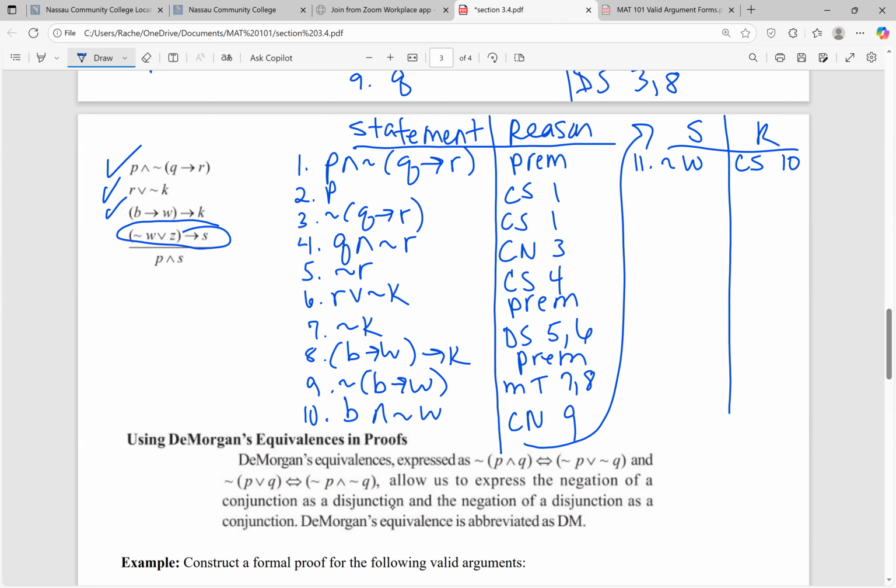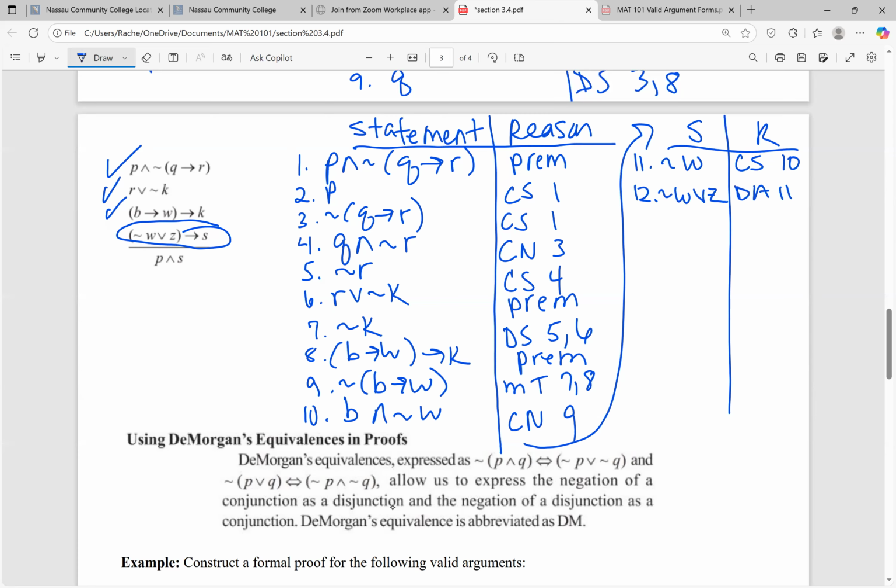The right or the left-hand side of this conjunction, but I want to use not W because it's in that last premise. And then I could say, since not W is true, and it would be nice to have not W or Z, right? Because that's the left-hand side of that premise. I could say that not W or Z is true because of my disjunctive addition, right?